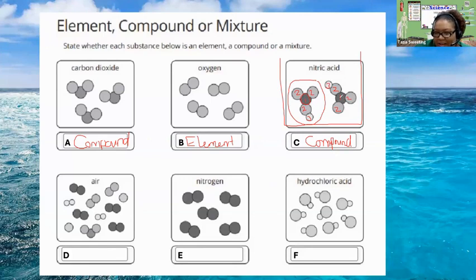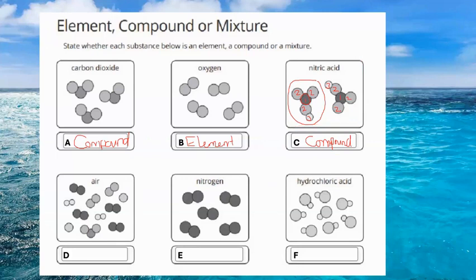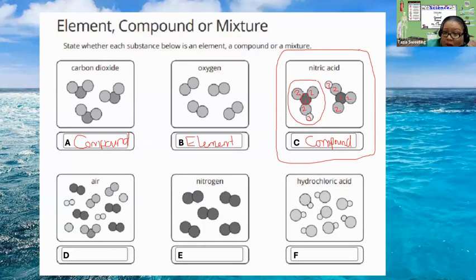You understand? Yes, ma'am. So basically, it has to have the exact same amount. When you say the exact same amount, what do you mean? Like you saw this, 1, 2, 3, 4. Are you talking about the atoms, where I have 1, 2, and 3?